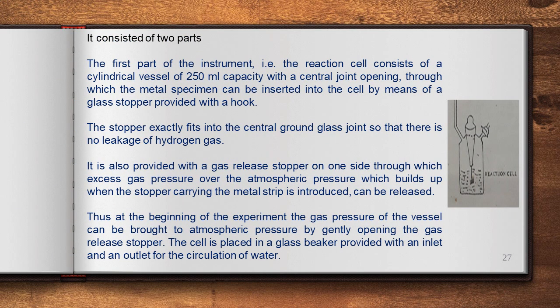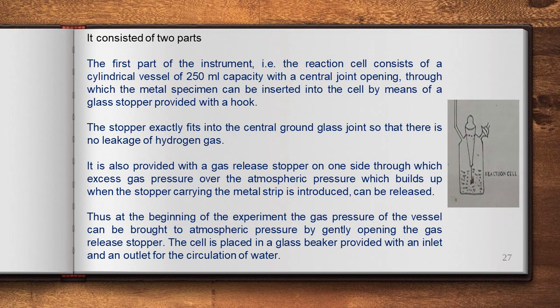The gasometric setup consists of two parts. The first part of the instrument, that is the reaction cell, consists of a cylindrical vessel of 250 ml capacity with a central joint opening through which the metal specimen can be inserted into the cell by means of a glass stopper provided with a hook. The stopper exactly fits into the central ground glass joint so that there is no leakage of hydrogen gas.